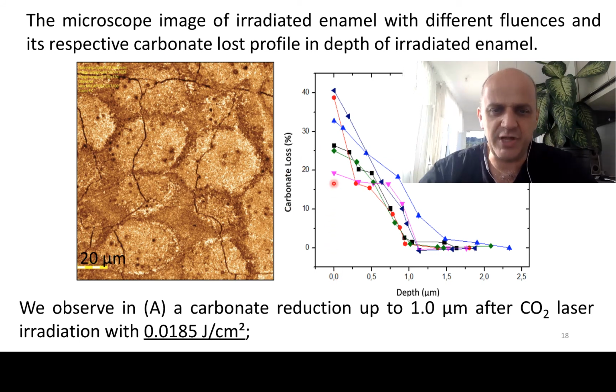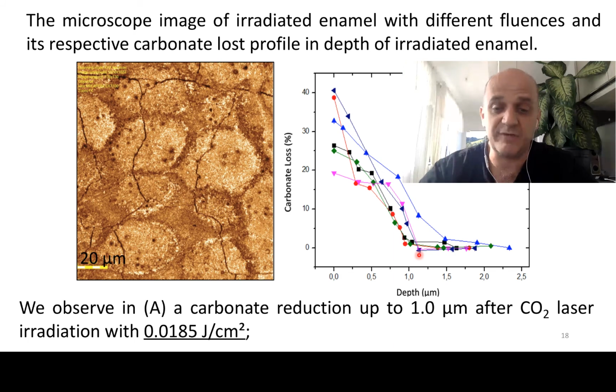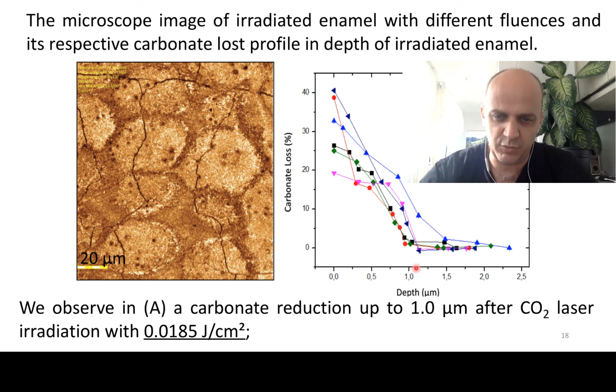Then after radiation we have a higher carbonate loss, and after wearing the sample you reduce this carbonate loss down to values near 1 micrometer. Then you have the same value observed before radiation. That means that in this region, 1 micron beneath the irradiated surface, the carbonate content is the same as the non-irradiated sample.